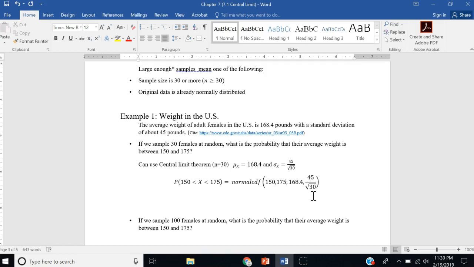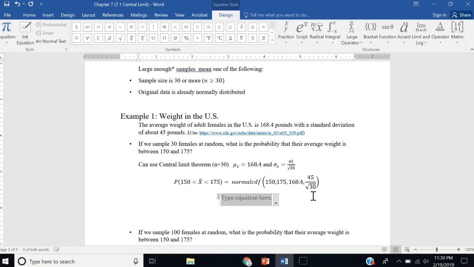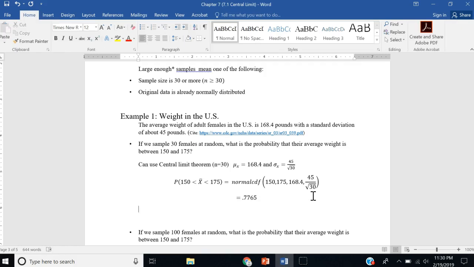So this probability comes out to 0.7765. Basically, if you sample 30 females, you have about a 77 or 78% chance that those 30 females have an average weight between 150 and 175.